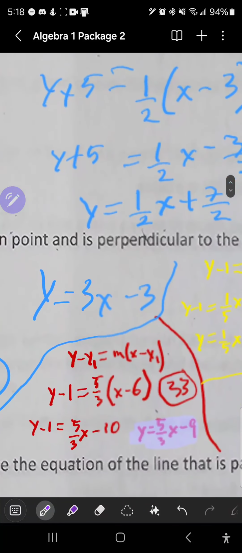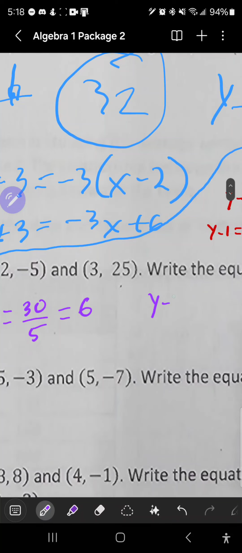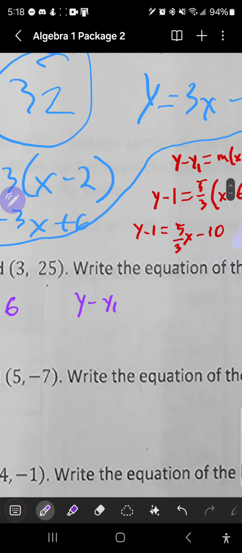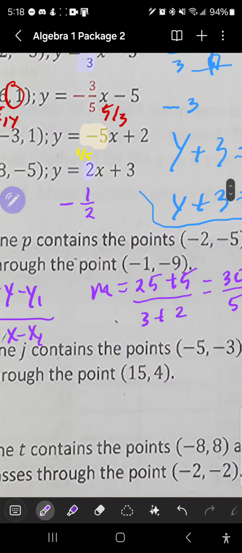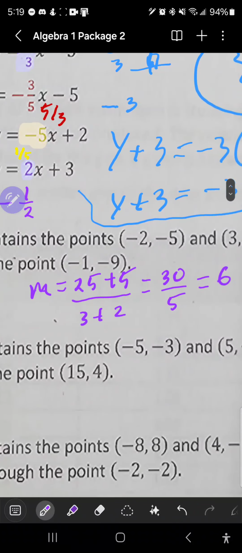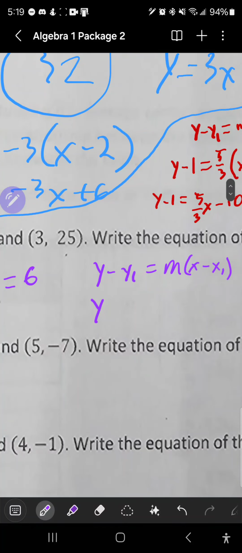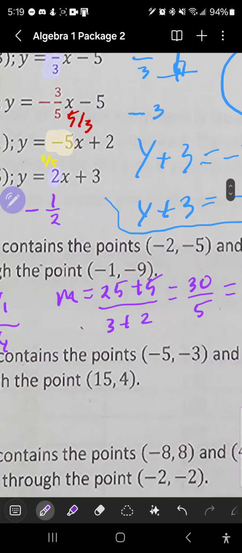Now we use the same formula we used before to create the equation. So we have y minus y1 equals m times x minus x1, which is basically another version of the slope formula. The equation we need is to go through the point -1 comma -9. So that's the point we're going to be using.